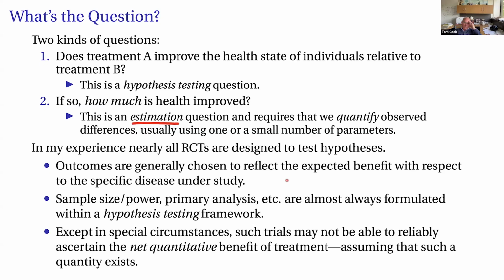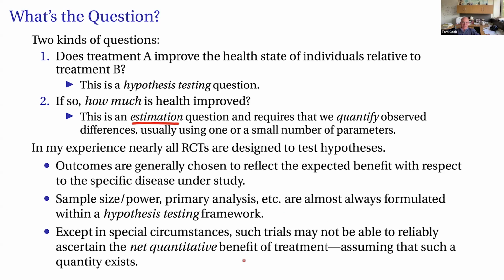Our sample size and power, primary analyses, et cetera, they're almost always formulated within a hypothesis testing framework. So we never say, oh, I want to be able to estimate the treatment effect with a certain amount of precision. I almost never see that in a trial. It's always, I want to maintain a certain amount of power for rejecting the null hypothesis and at a certain level of statistical significance.